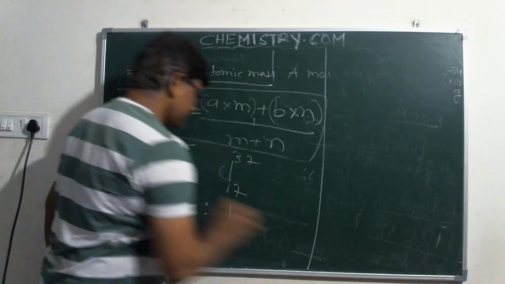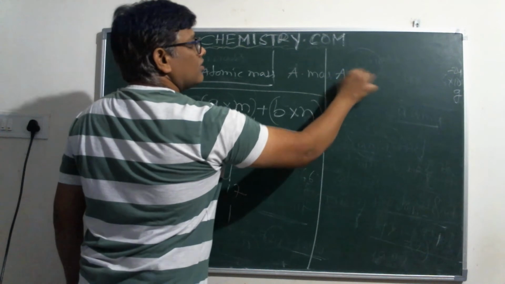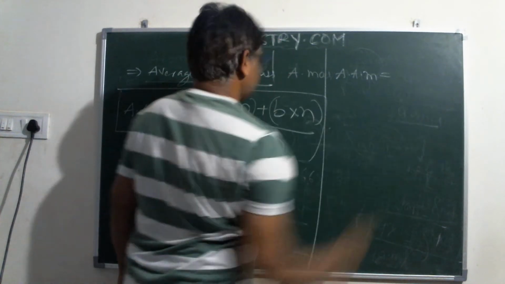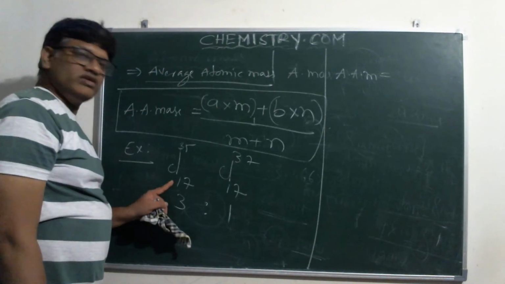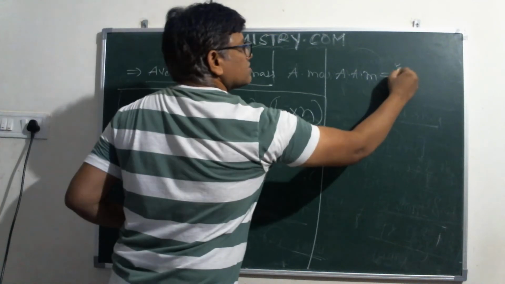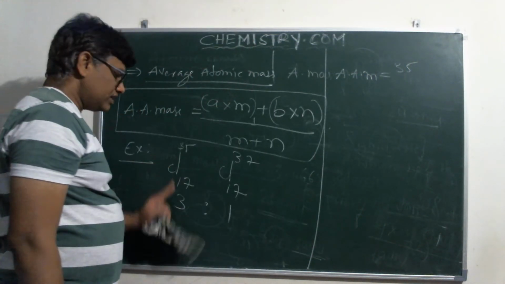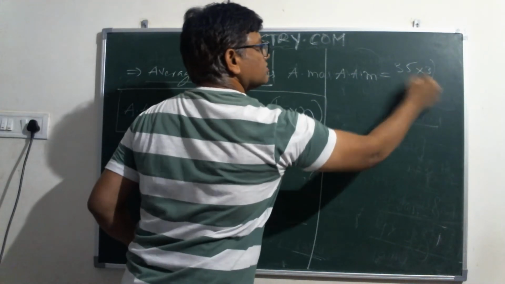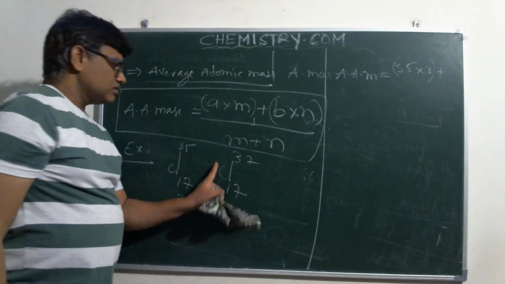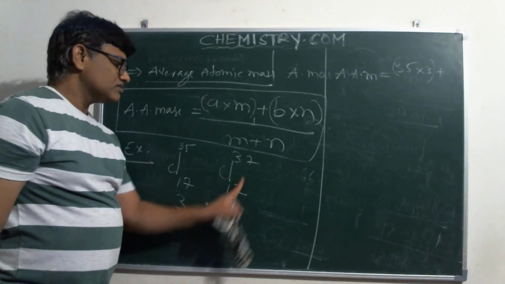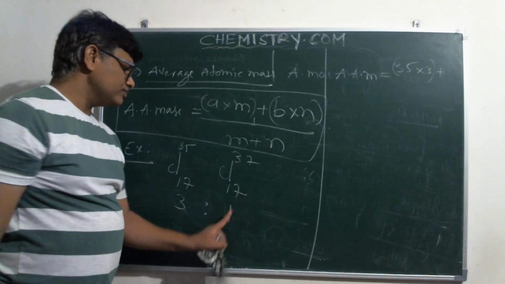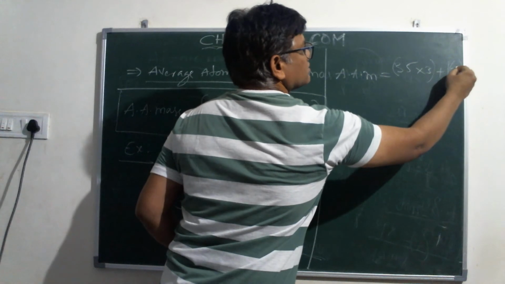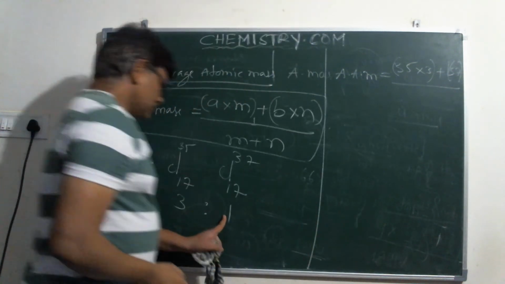Now I want to calculate here the average atomic mass of chlorine. Chlorine-35 has atomic mass 35 and its abundance ratio is 3, so we multiply 35 by 3, plus chlorine-37, whose abundance ratio is just 1, so 1 into 37, divided by the total.